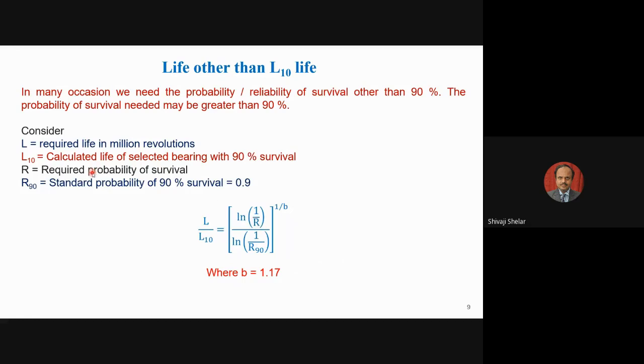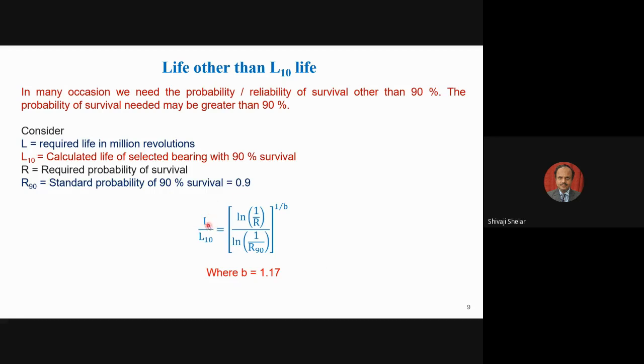probability of survival. You may require 92, 94, 95, 97, 98% survival also. And R90 is the standard probability of survival of 90%, that is 0.9. Suppose it is 92, so you will write 92% means 0.92 here. And you require say 25,000 hours, then you convert that 25,000 hours into million revolutions and put that value here.